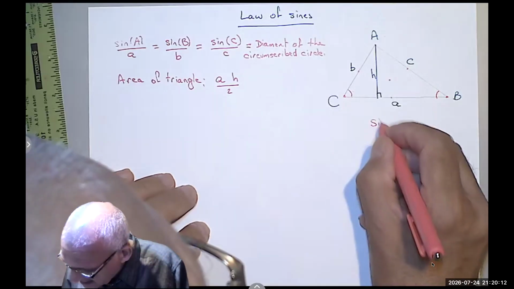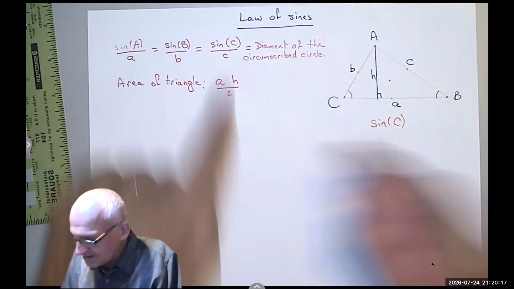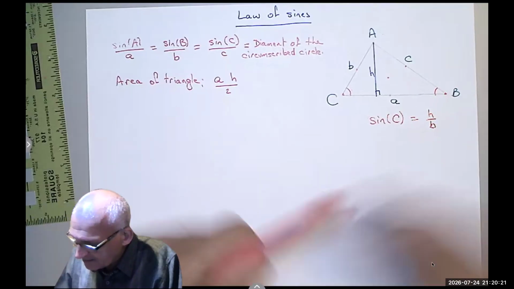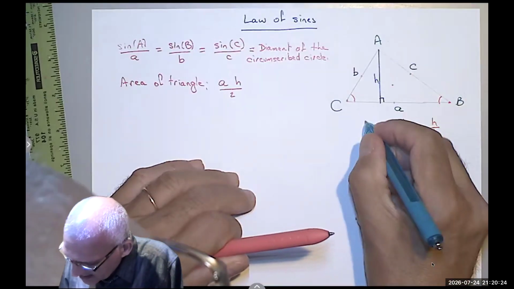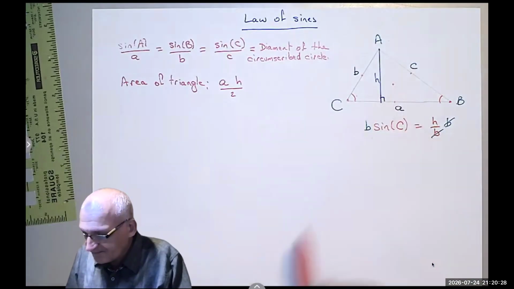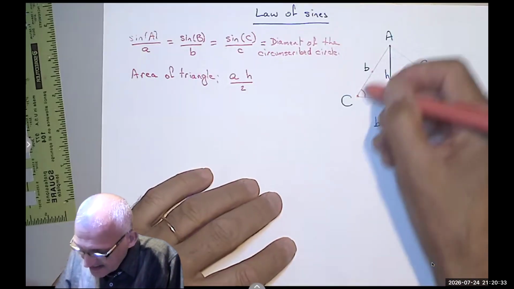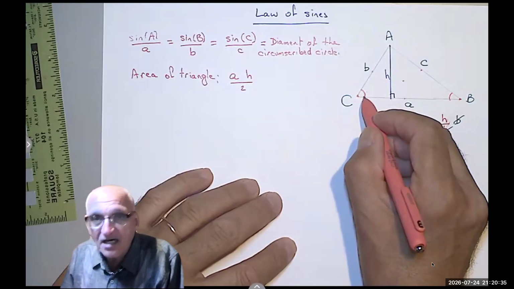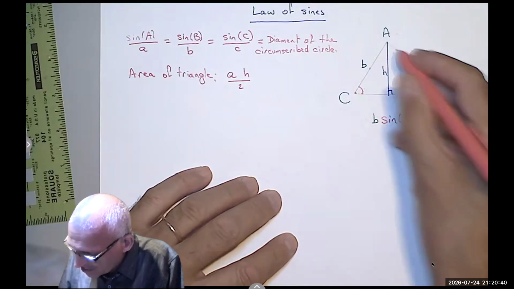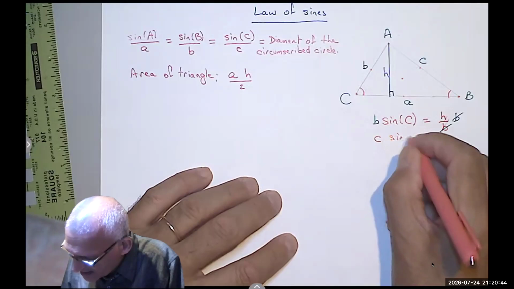So sine C, which is this one, which we already found, equals h over b, which means if I multiply both sides by b, I get the height of the triangle is this side times the sine of the adjacent angle. By the same token, I can say, no, it's c times the sine of B.